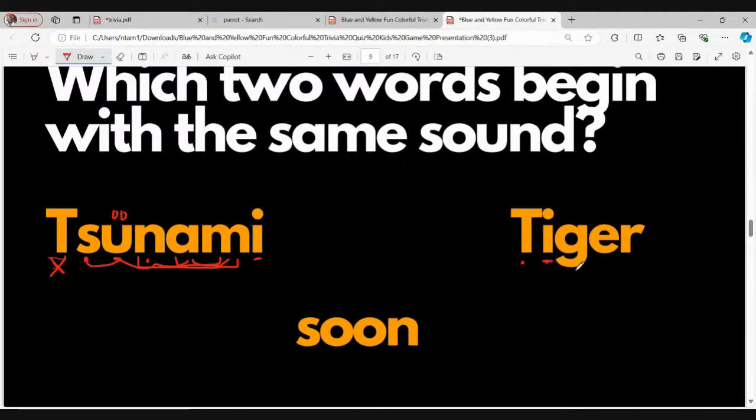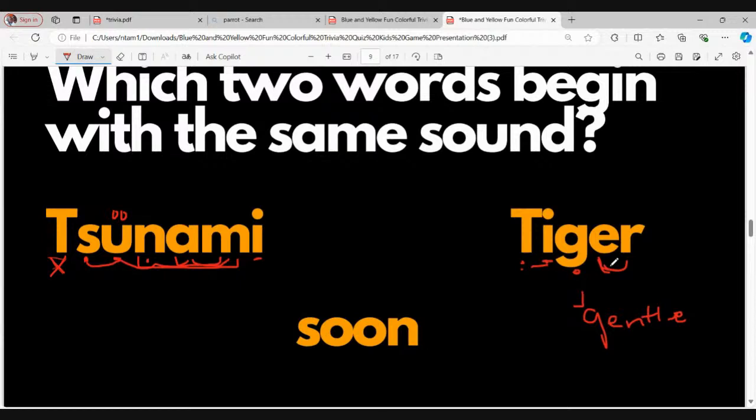We hear the I and then G. In the word gentle this morning, we learned that when G comes before E, I or Y, we hear something like the J. However, always remember whenever there's a combination of E and R, a lot of times that sound would not work as J. It would work as the normal hard G. So here we hear T, I, G, and our word here is tiger.